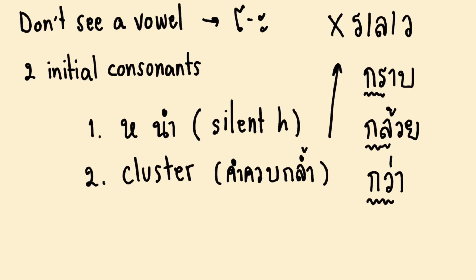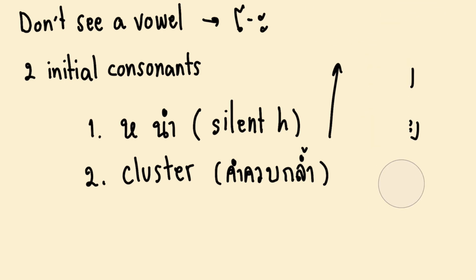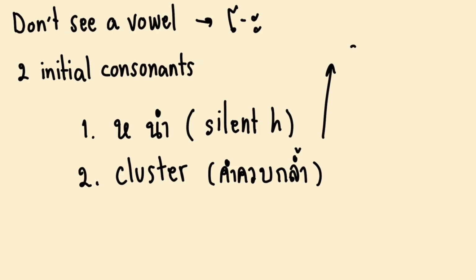Now in Thai, there are true clusters and false clusters. The true ones are the ones where you can actually hear both sounds, for example what we just said: กราบ, กล้วย, กว่า. The false ones are the ones where you don't hear the sound of the second letter. For example, usually when there's an S sound like sor suea, sor sala or jor jan, even followed by ror ruea, you don't pronounce the ror ruea.